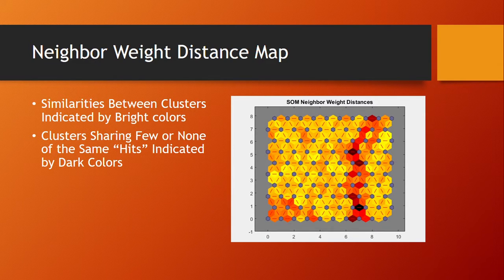The hexagons that have light colors connecting them are very similar. They resulted in accurate representation or guessing of what kind of flower it was. And where the colors are darker, there's little or no relationship between this neuron and this neuron.